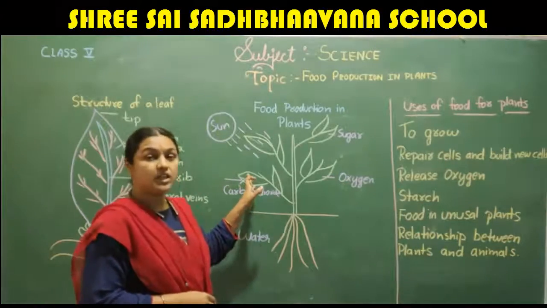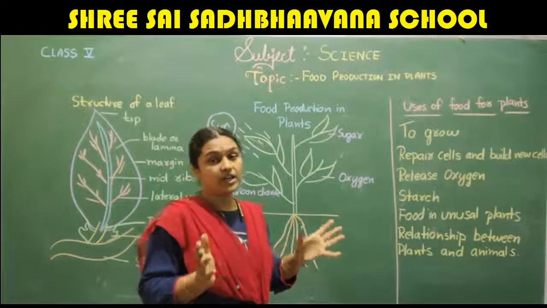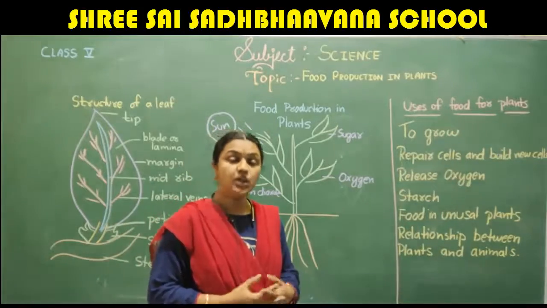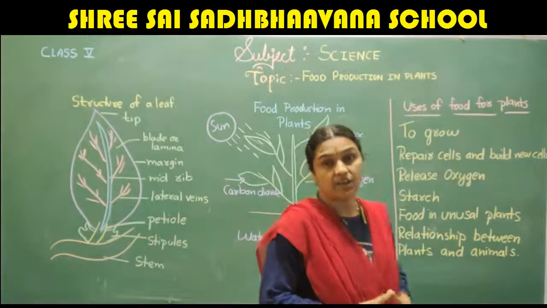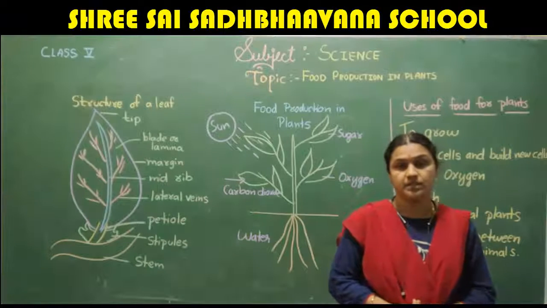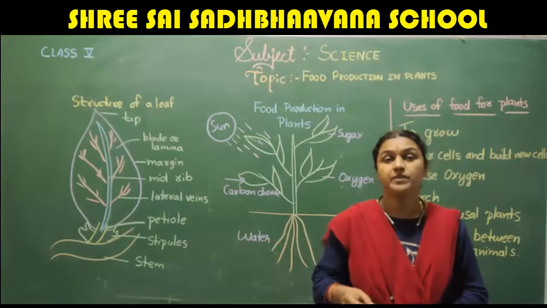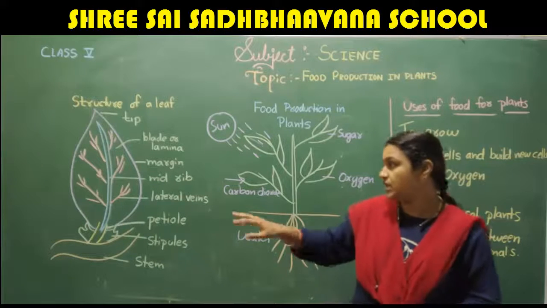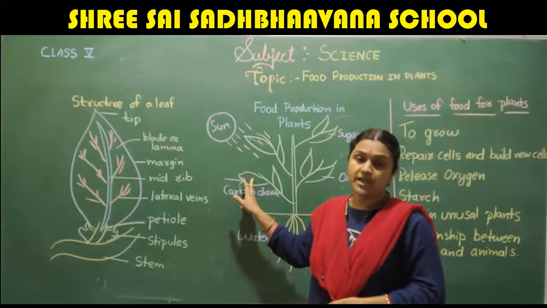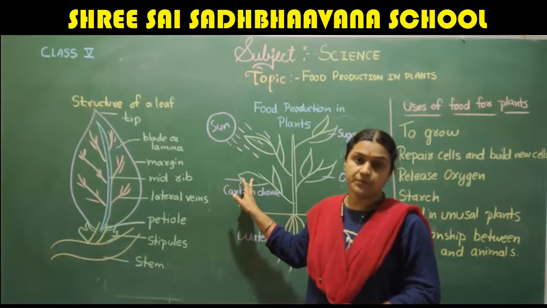Children, you have noticed that most of the leaves are green in color. Now, why do you think the leaf is green in color? It is because of the pigment that is present in the leaf, which is called chlorophyll.